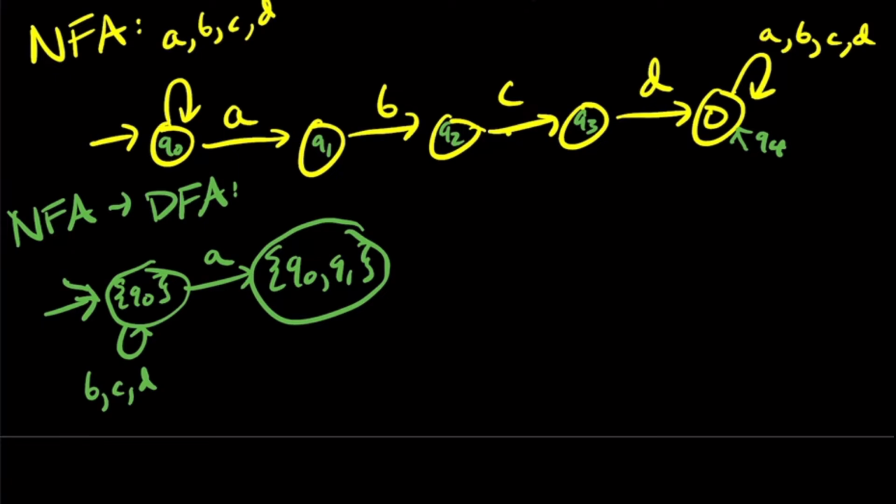Okay, so if we have a C or a D from here, Q1 is not going to do anything on C or D. So we'll just do whatever Q0 did on C or D, which means it goes back here.